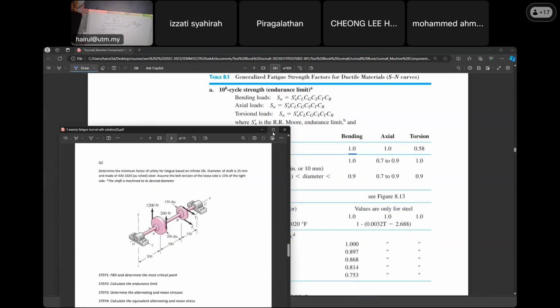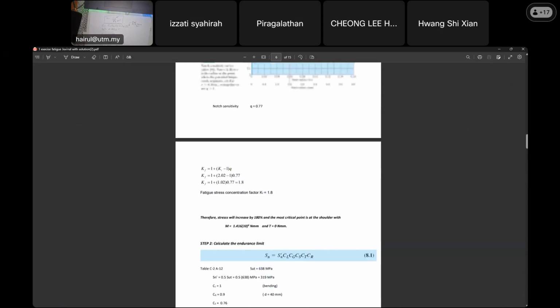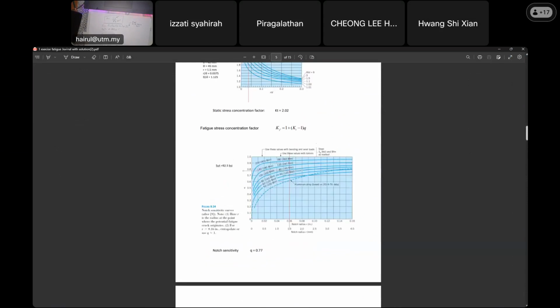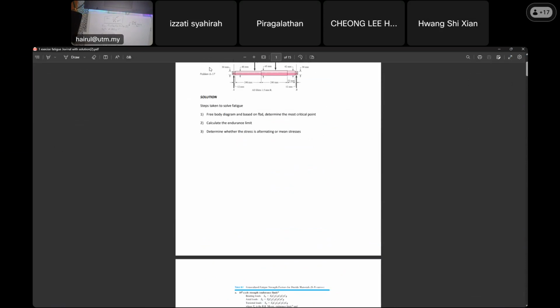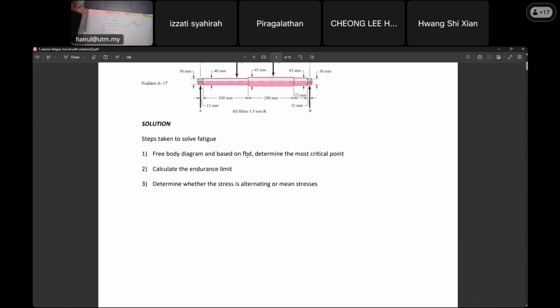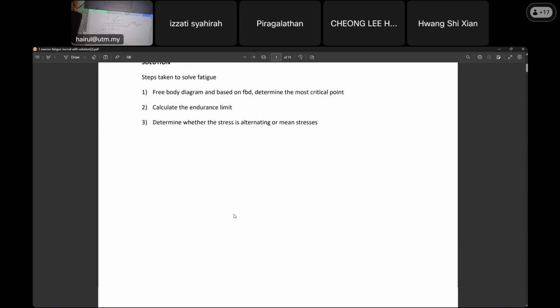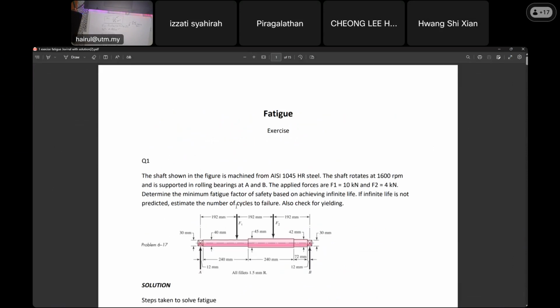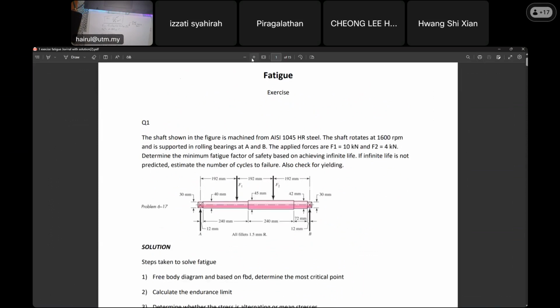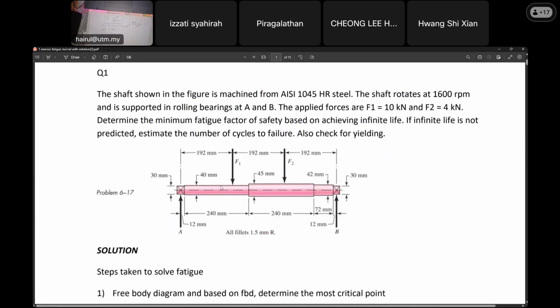Okay, if you look here, we have some examples and solutions. Look at the first one. There is a certain factor that I have not explained to you yet, the fatigue stress concentration factor, for any shoulder. In exercise one, this is typical shaft analysis.